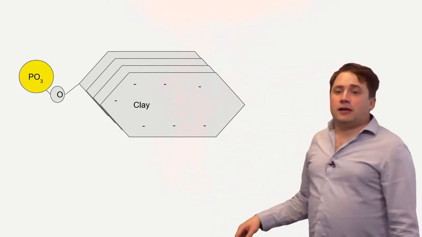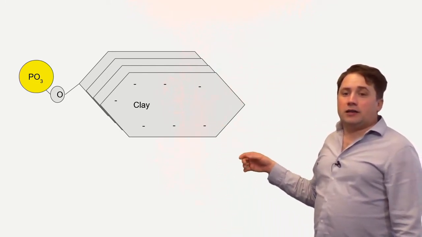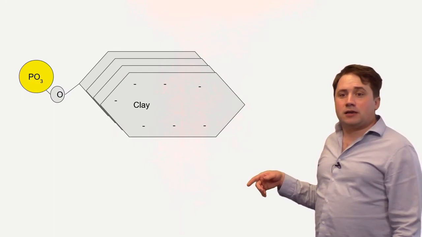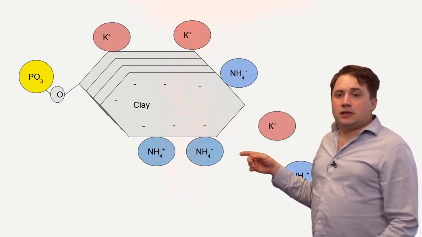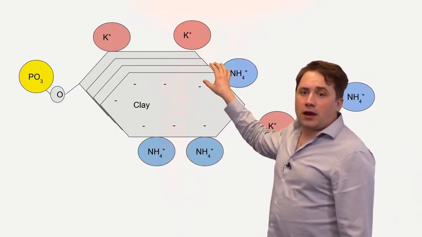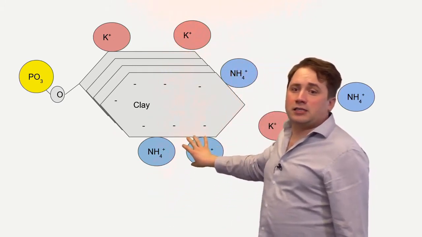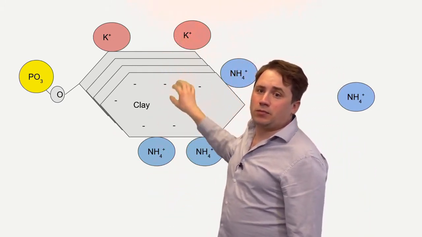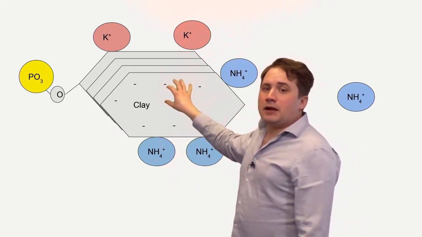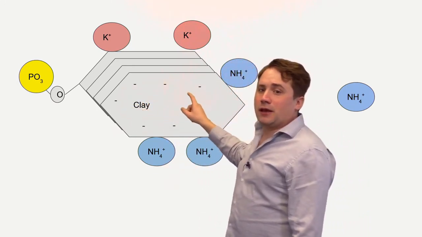Other ions that we discussed in the previous slide, such as ammonium and potassium, these ions bear positive charges, potassium 1+, ammonium 1+, and clay surfaces have negative charges on them.